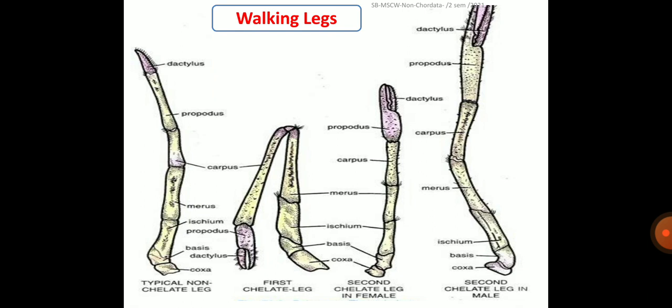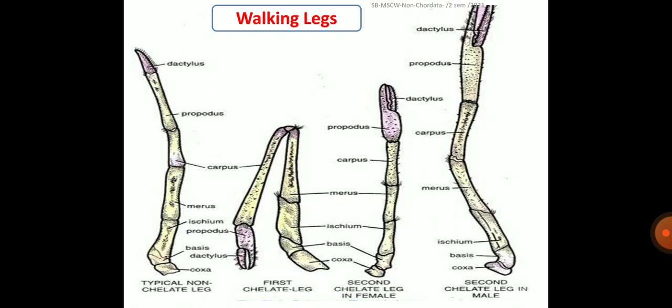A typical walking leg consists of a 2-jointed protopodite and a 5-jointed endopodite. All the 7 podomeres, namely the coxa, basis, ischium, merus, carpus, propodus and dactylus, are arranged in a series and are movably hinged together in case of non-chelate legs.